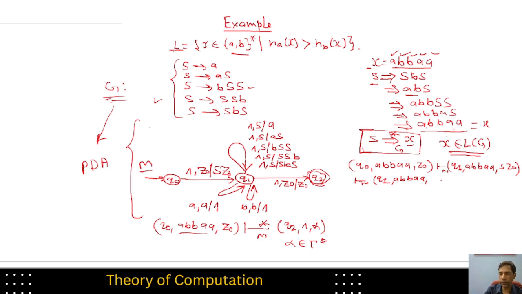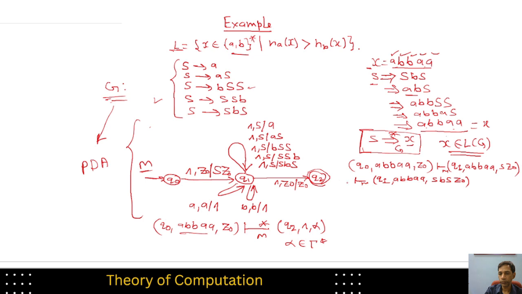So S is replaced with what? S is going to be replaced with S, B, S, and you have the Z0.